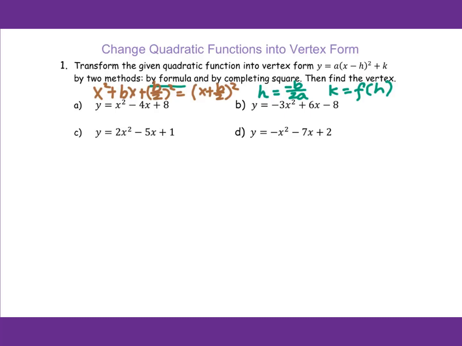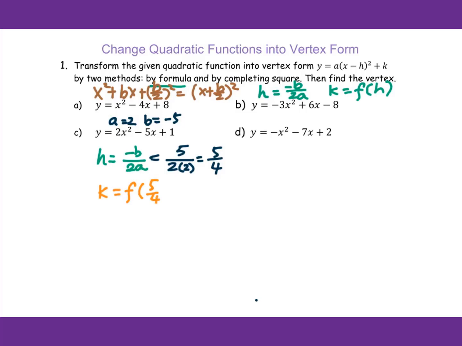For C, we are going to use the formula. h equals negative b over 2a. We know a equals 2, b equals negative 5. Therefore, the opposite of negative 5 is 5, over 2 times 2, equals 5 over 4. Then for the k, that is f of 5 over 4.